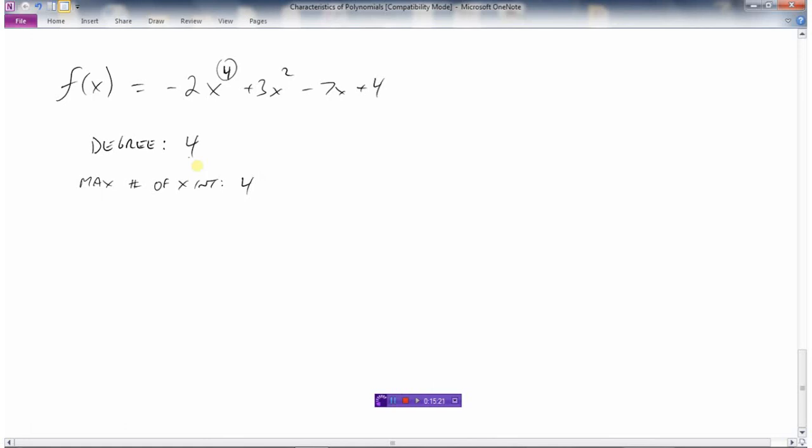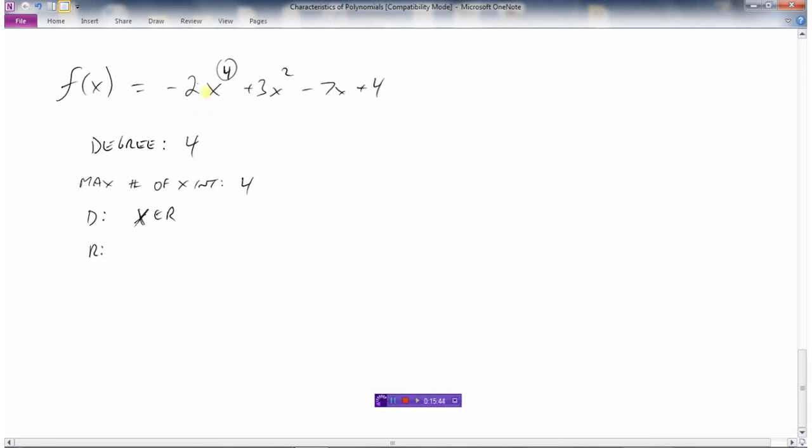I could be asked what the domain's going to be. Well, the domain of all polynomial functions is all real numbers. I could be asked what the range of this function is, and let's leave that one for a second because the other thing we're going to look at now is, what does the leading coefficient tell us?